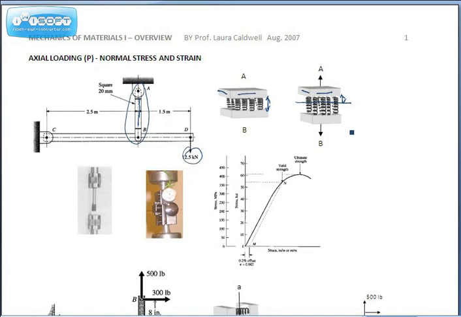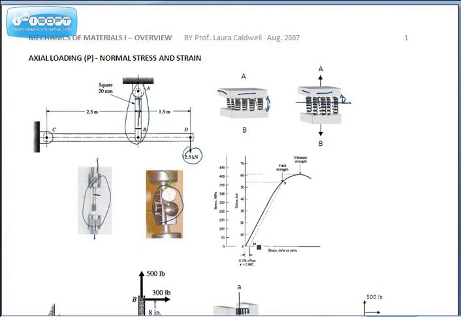In order to characterize how this material behaves, we tested it by putting a standard sample in a machine that will pull on it, and apply a measuring instrument that will measure the amount it stretches as we pull.